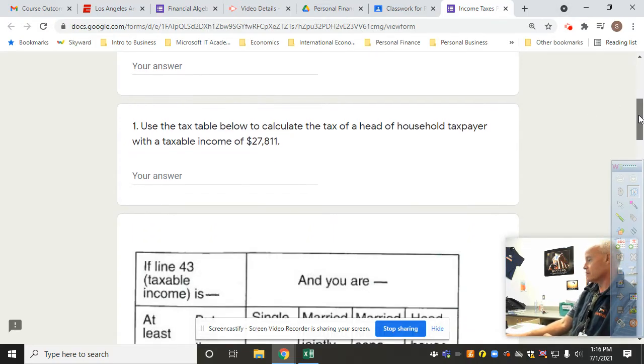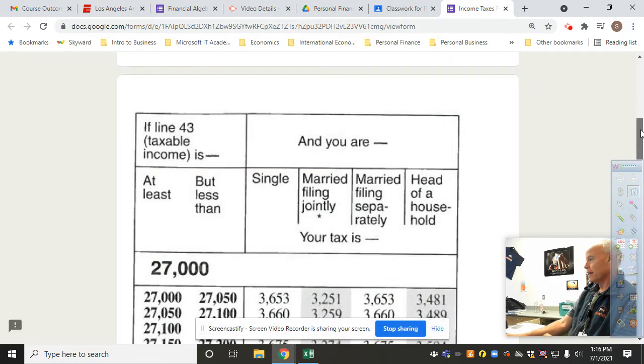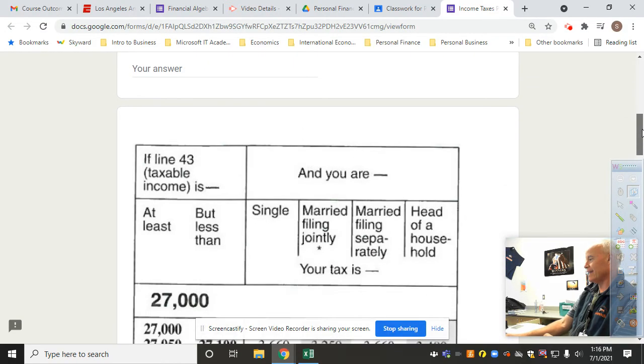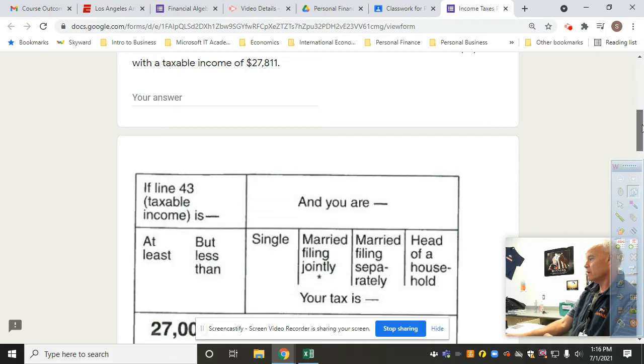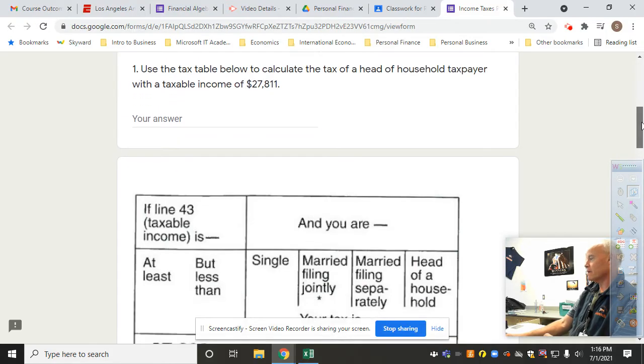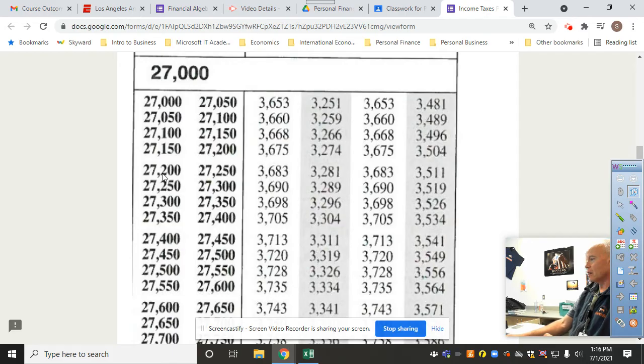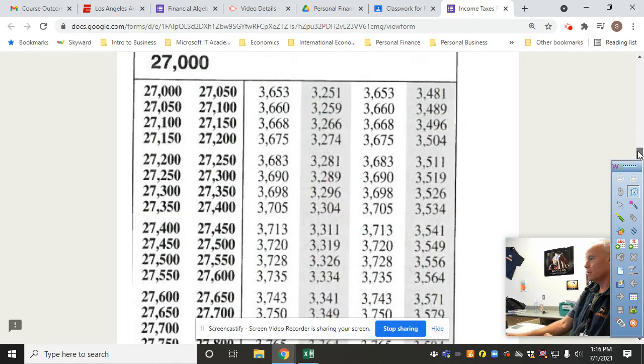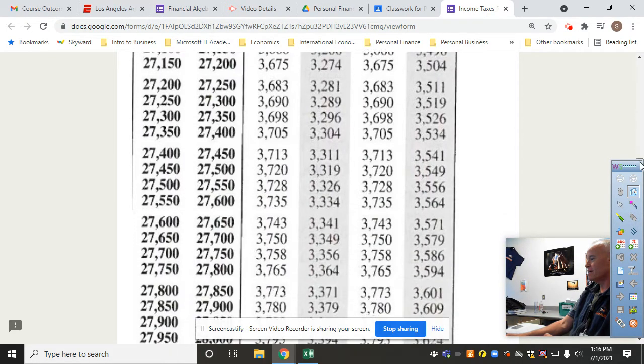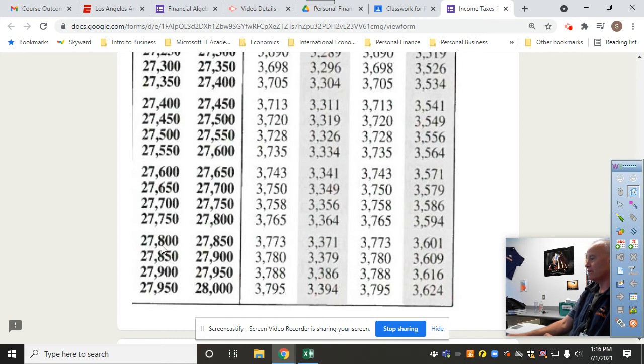And in this case, we're using the tax table, and we're looking for 27,811 for head of household. So I find the largest number over here in column 1, 27,800, 27,850, and I'm gonna make this a little bit smaller.